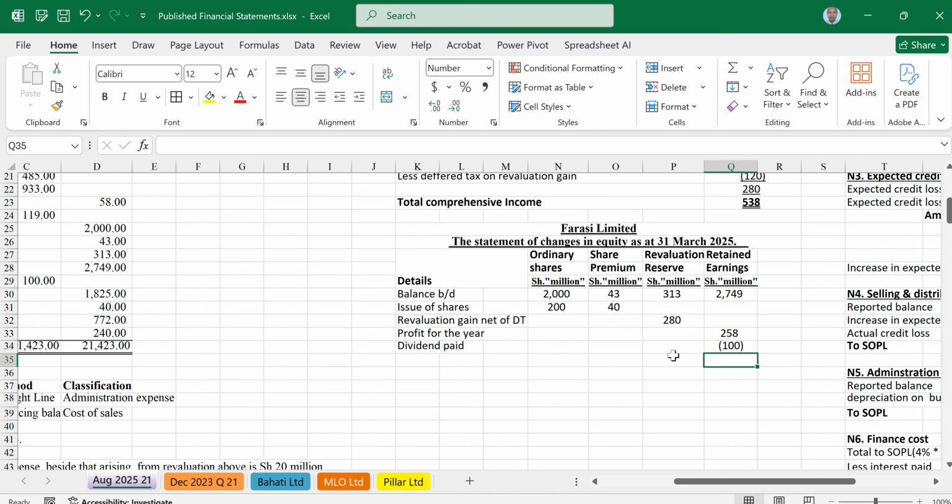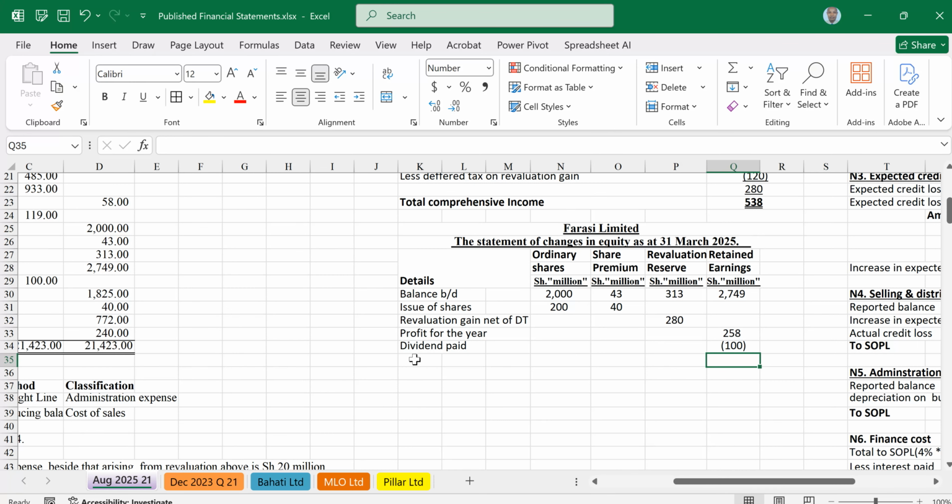That is all. Unless there is something else that affects that account, which I doubt, get the balance carried down.